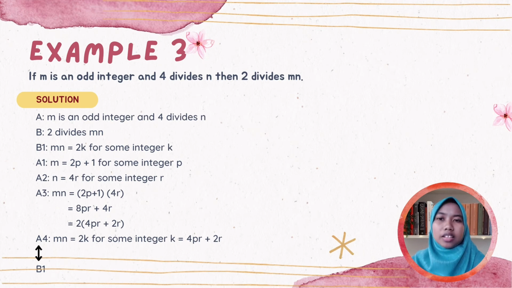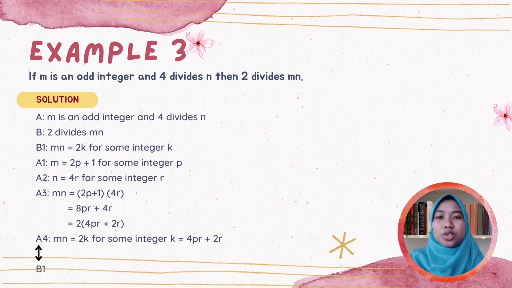B1: mn equal to 2k for some integer k, because mn divided by 2 equals k, so mn equals 2k. A1: m equal to 2p plus 1 for some integer p, because it is based on the definition of an odd number. A2: n equal to 4r for some integer r, because n divided by 4 equals r, and we get n equal to 4r.